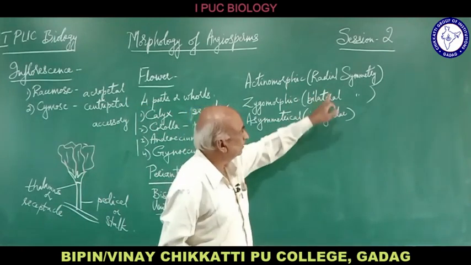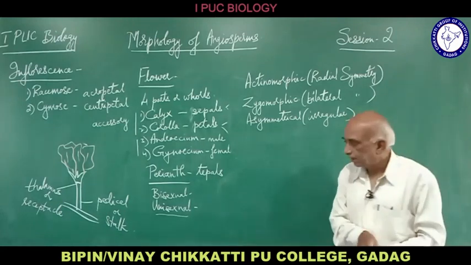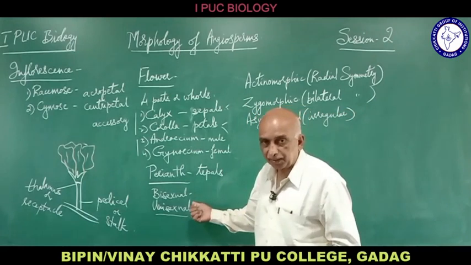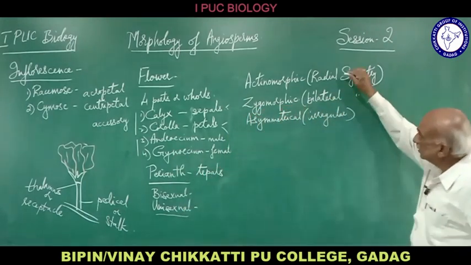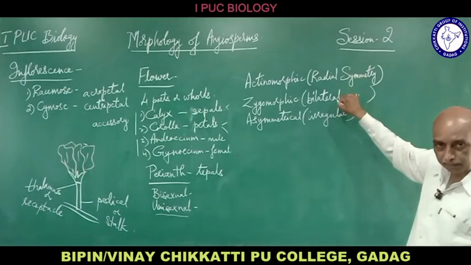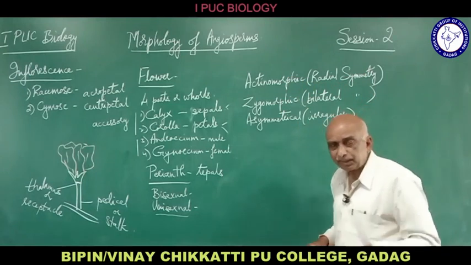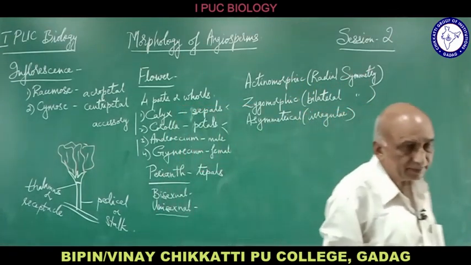But actually these terms are not used for flowers, they are used only for animals. As in bisexual, for animals we use hermaphrodites, but hermaphrodite is not used for flowers. Similarly, these terms are less used. These are commonly used for the explanation of a flower, whether it is actinomorphic or zygomorphic.